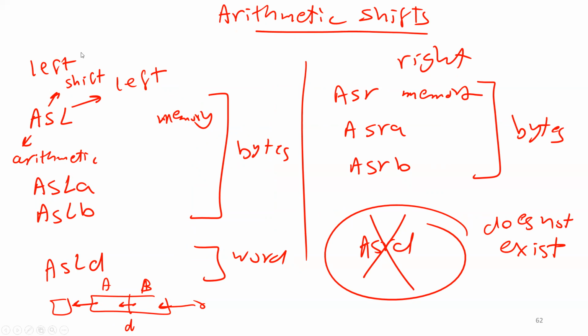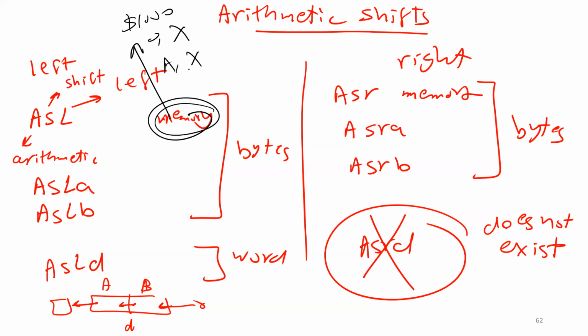Look here, guys. Arithmetic shift left, and then here you have to put a memory location. Again, this memory location is similar to what I explained before. It can be in any of the different formats of memory. So it can be something like 1000, it can be 0,X, it can be A,X, it can be 1,X plus, it can be any one of these formats. Also, this is for a byte, not a word.